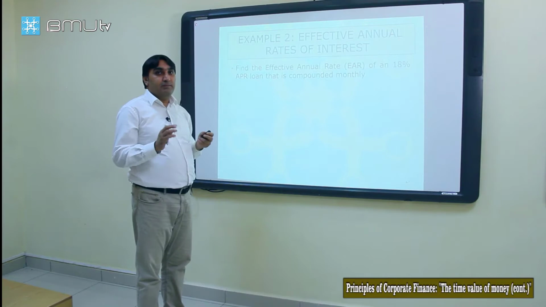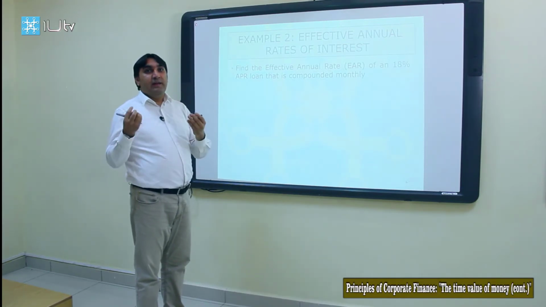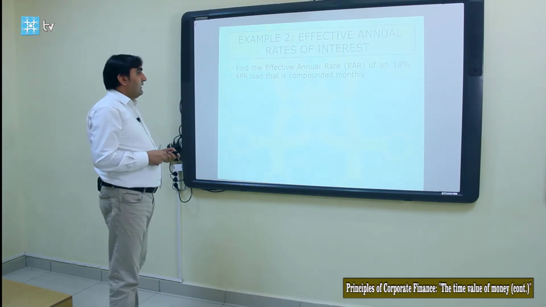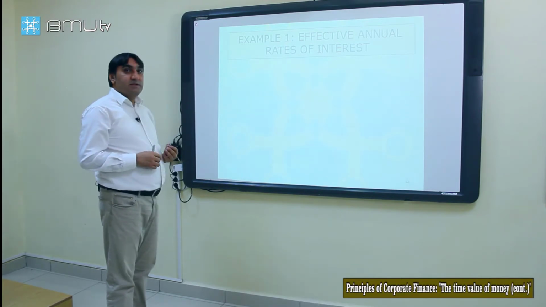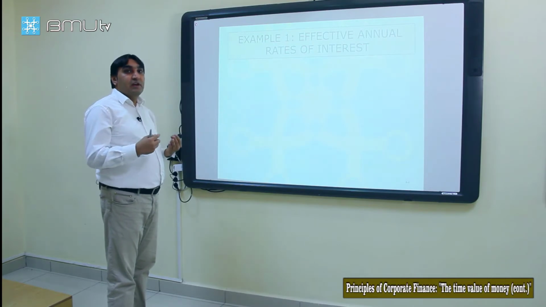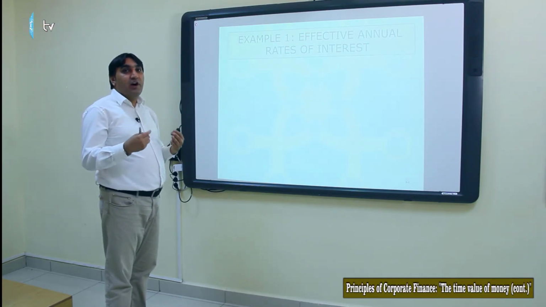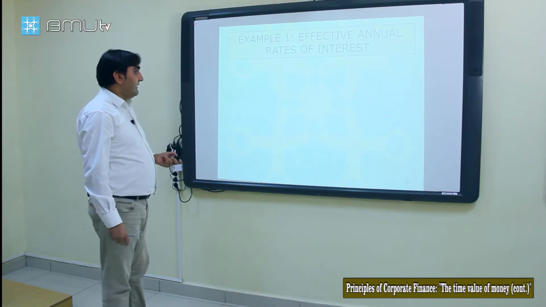If you borrow, you assume that you are borrowing at 12%, but actually the effective rate is higher than this rate. That's why central banks require financial institutions to release effective rates, to release how much will be the final cost to the borrower.